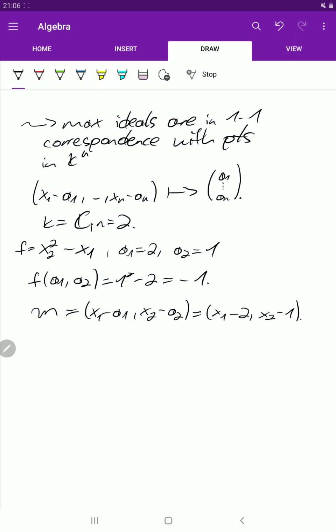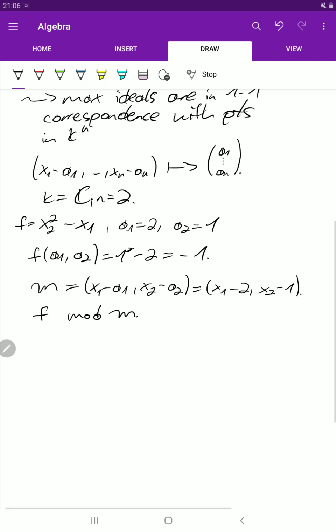And now let's look at f mod our maximal ideal. Now what's that?